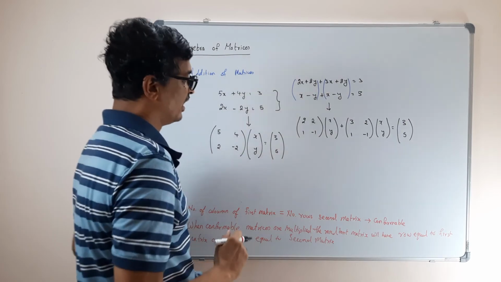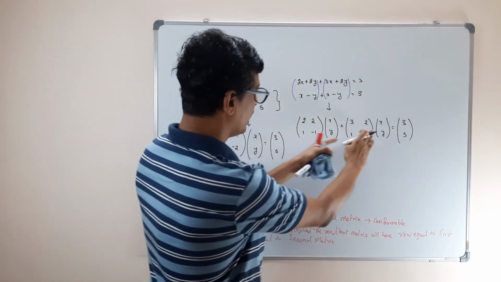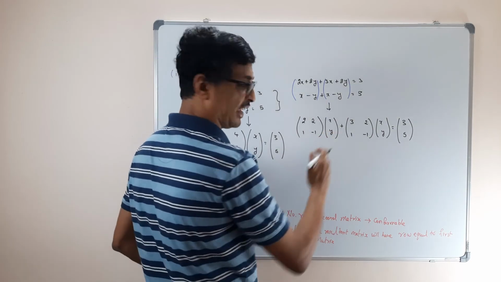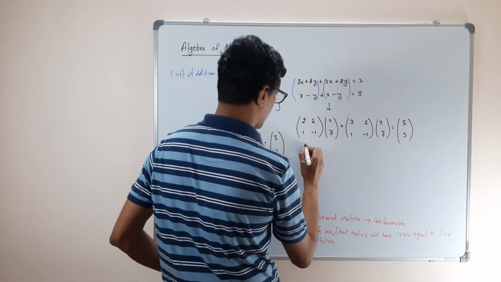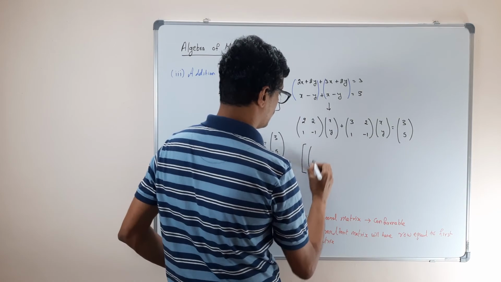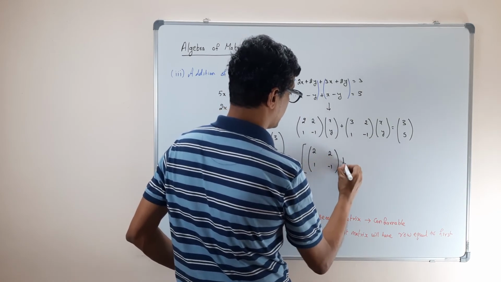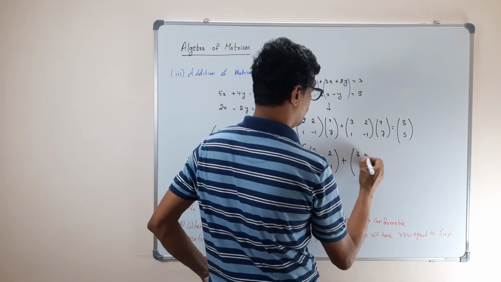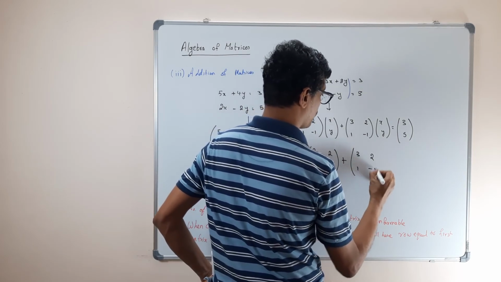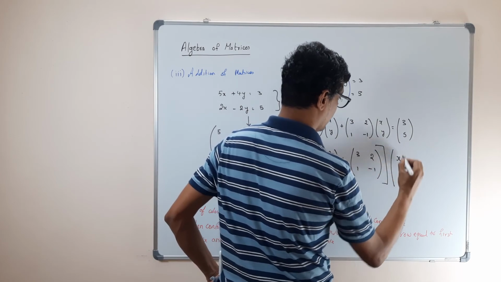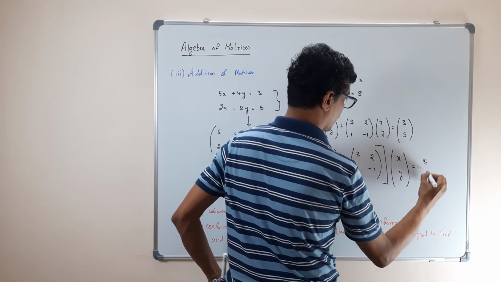Correct? So now, x and y I can take commonly outside. So then what we are having is 2, 2, 1, minus 1 plus 3, 2, 1, minus 1 multiplied by x, y equal to 3 and 5.